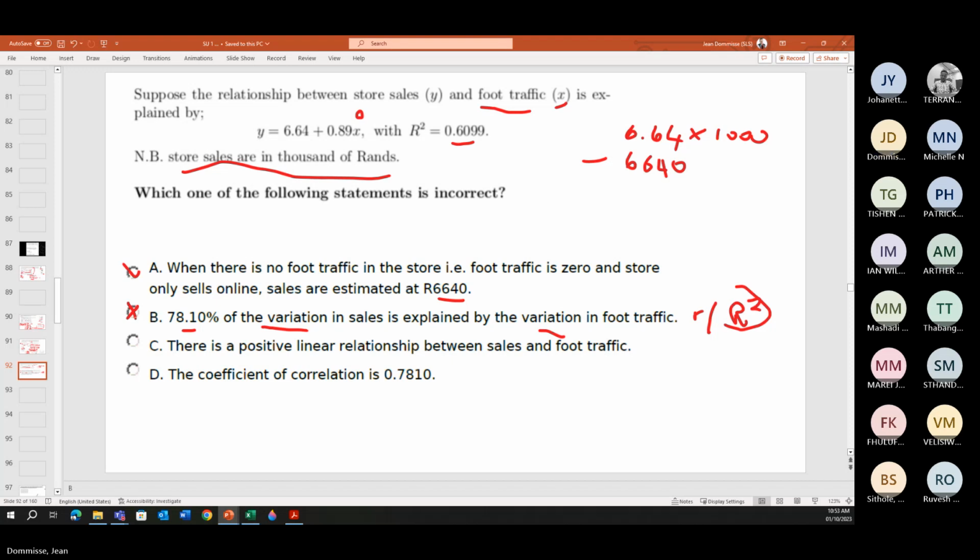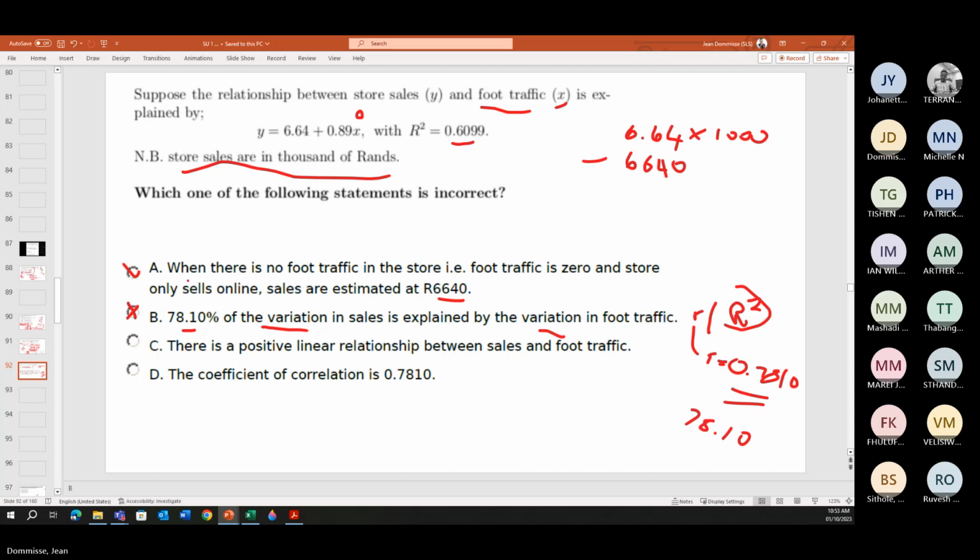If we calculated R, we would get 0.7810, and if we put that in a percentage, we will get 78. Then again, if you didn't know what this definition is, very easily you could have said, oh, but it is R, it is correct.